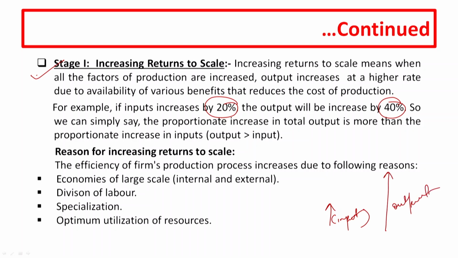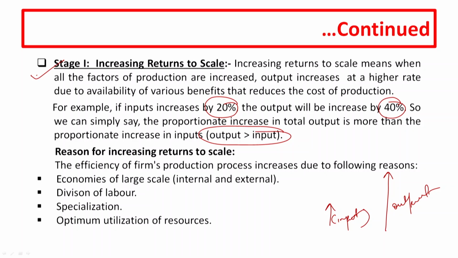That means your output is greater than your input, and this is the increasing return to scale. That means your scale of production, your output is more than the input you are putting for producing those goods.